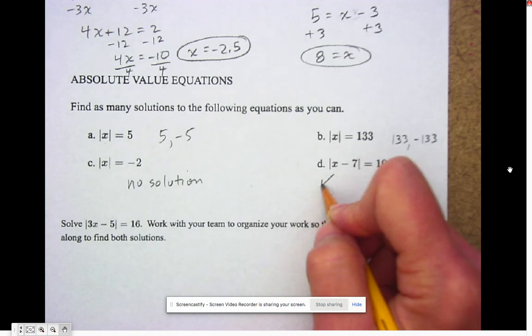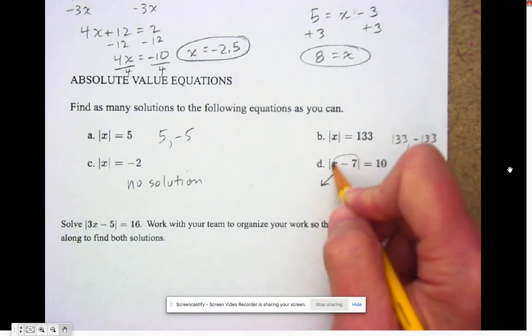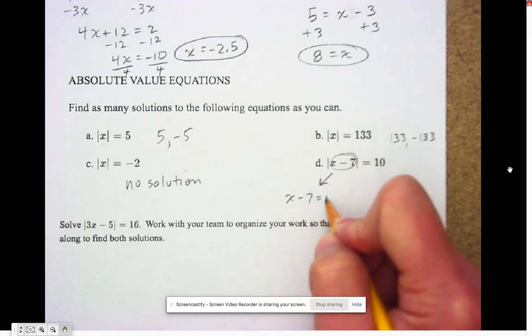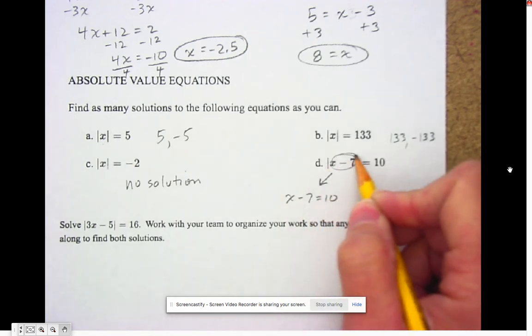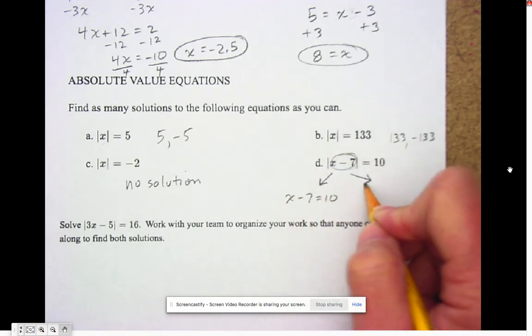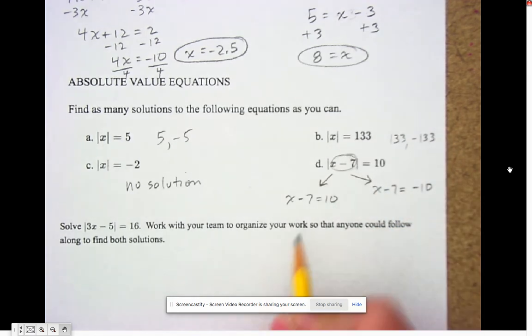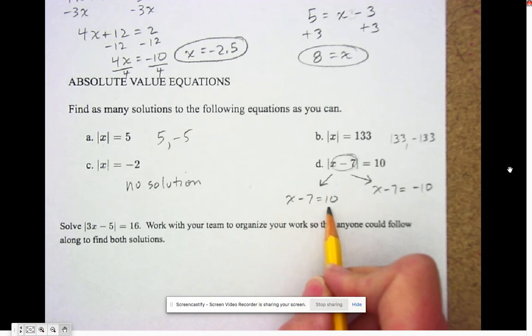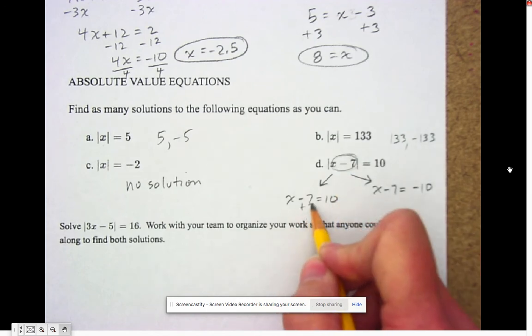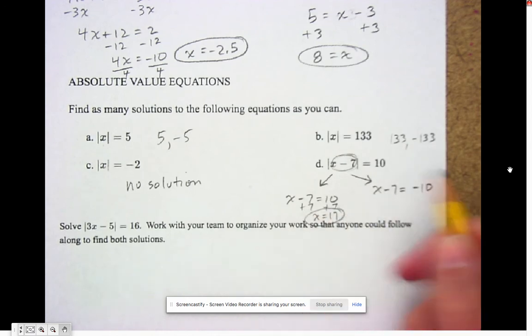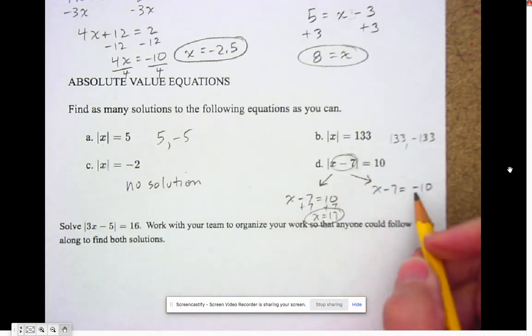Okay, did you think that this would have to either equal 10, or this piece would have to equal negative 10? Okay, what x value would actually give 10 as a result in here? X would have to equal 17, or what x value would give a negative 10 in there?